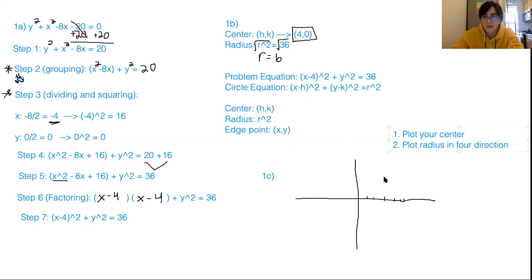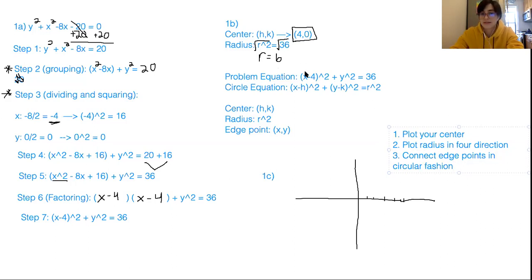So you'll just make dots where the radius would be. Then you're gonna connect edge points in circular fashion. It's not gonna be a perfect looking circle, but it's enough to show that you know how to plot a circle. So plot your center, plot your radius in 4 directions, connect your edge point.